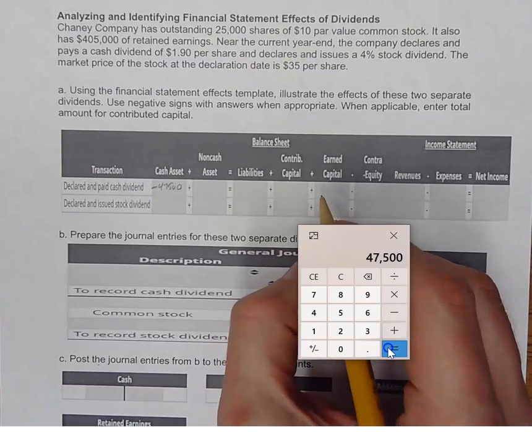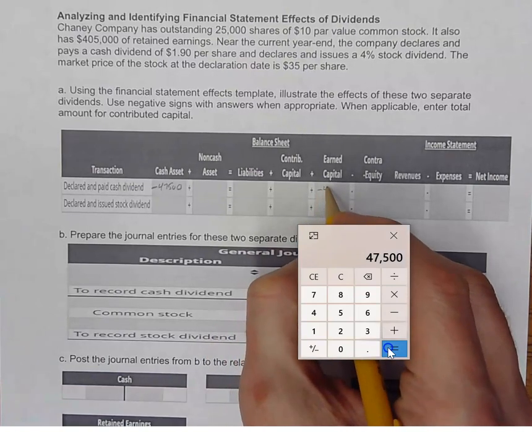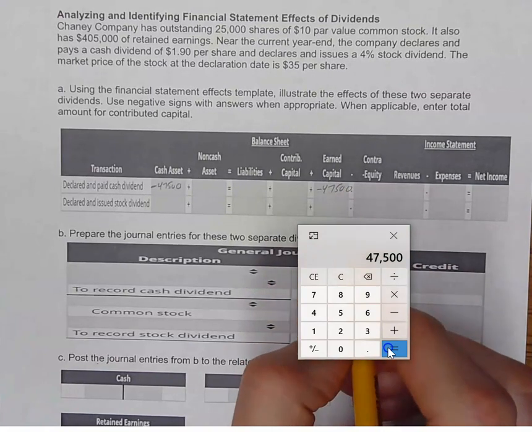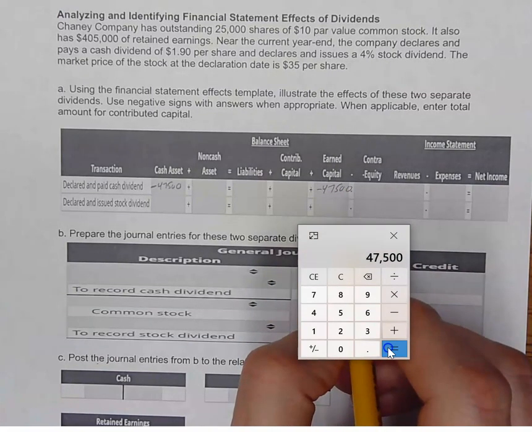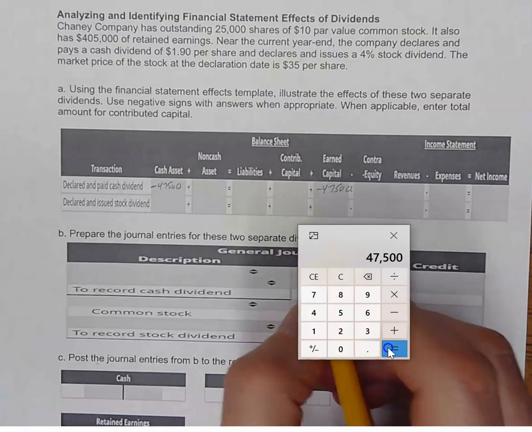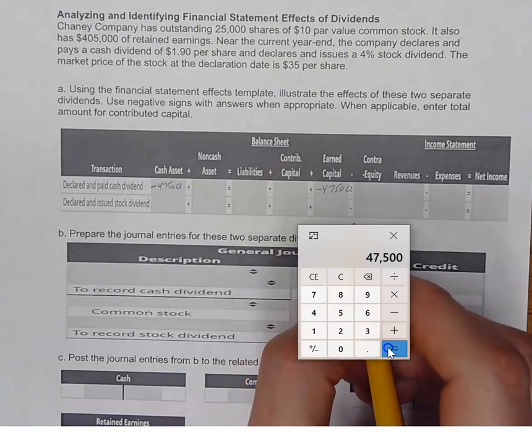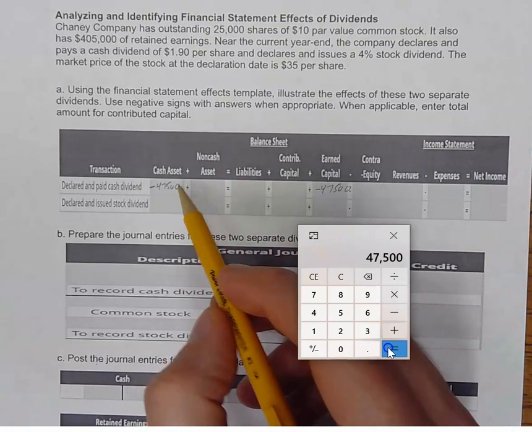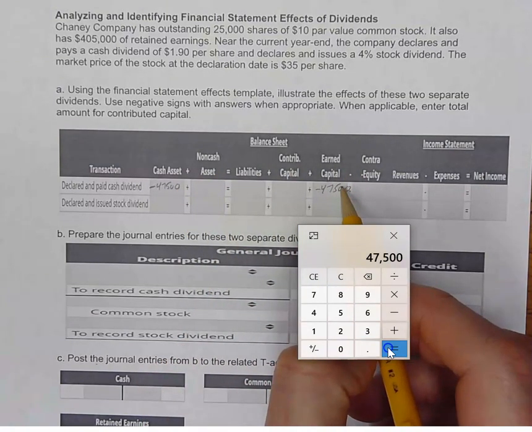Our earned capital also is going to go down by that same $47,500, and that's really all we have to do here. So cash asset goes down by $47,500, and earned capital goes down by $47,500.